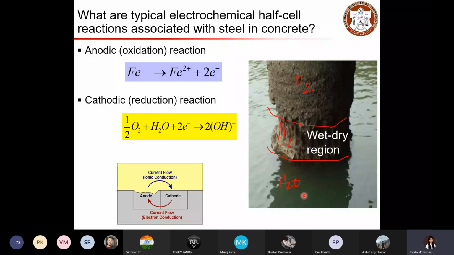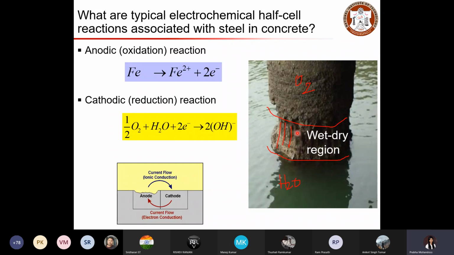The portion under the water will be in good condition, and similarly the portion above the water will also be in good condition, whereas the portion in between is subjected to a wet-dry cycle, so water will contact this portion and then move away. So this will be subjected to a wet-dry cycle over time.